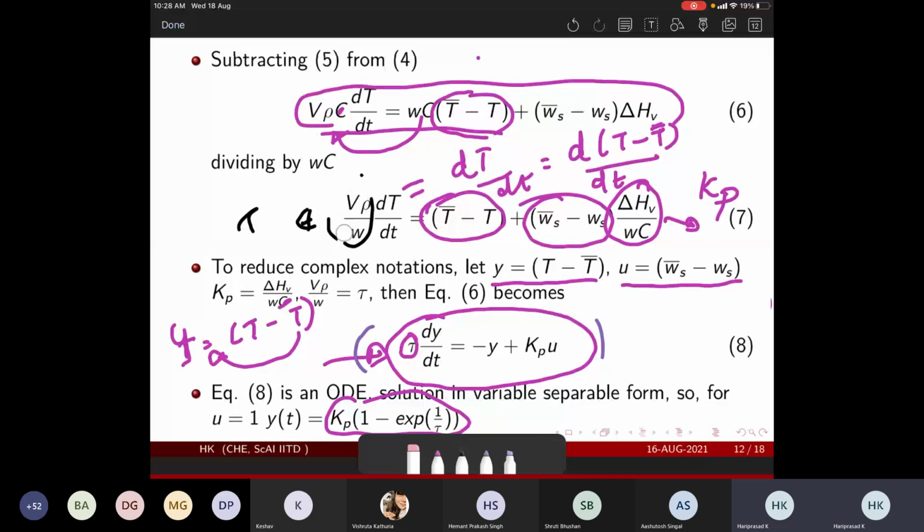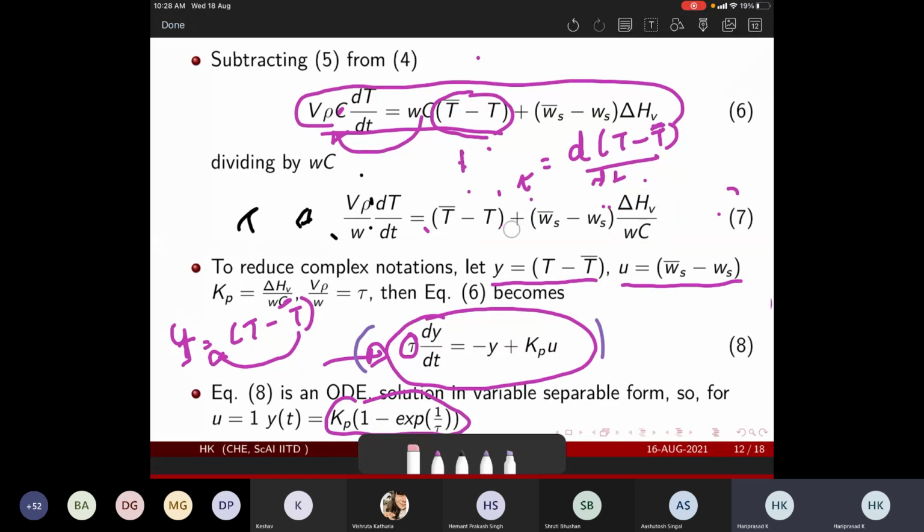Yeah. So I am going to erase this. Once you have this equation 7, equations 7 and 8 are technically the same, only we have simplified it. So let's say we have reached equation 7.